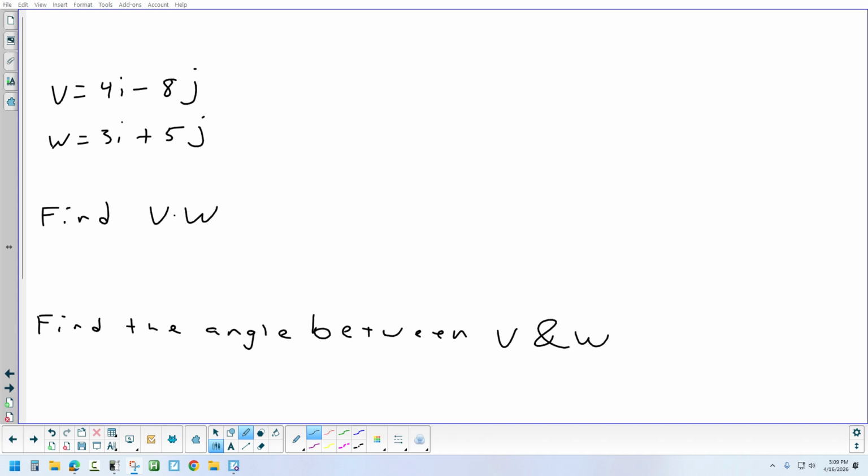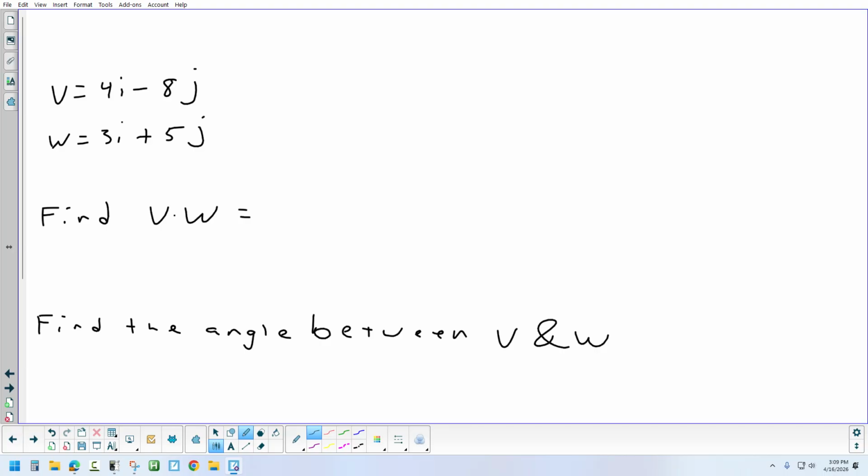Okay, so next problem is asking us to do a couple things. First, they want us to find the dot product, and then we're going to use that to help us find the angle. Okay, so let's do the dot product. V is 4i minus 8j, and W is 3i plus 5j.